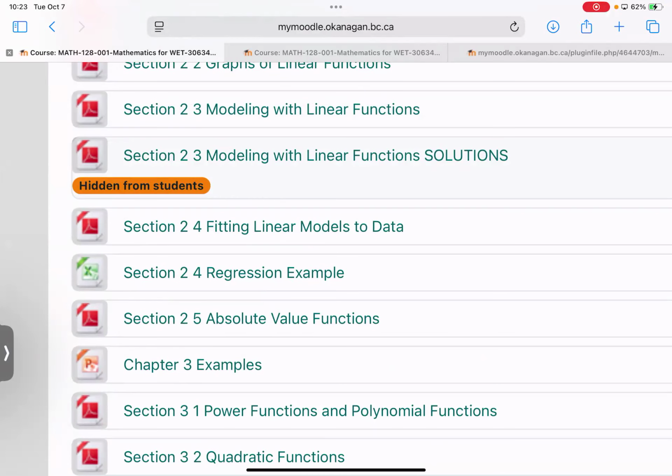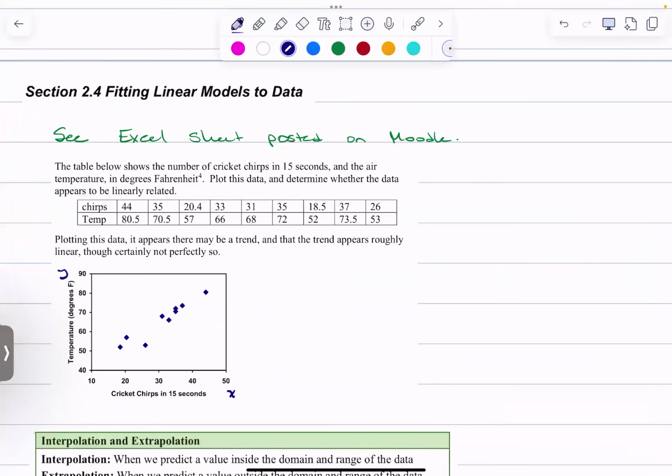Regression is just a fancy way of fitting a linear model to data. Okay. And so there's an Excel spreadsheet that I'll pull up as well. So you're welcome to open it, but you don't have to. I'll have it on mine, right, to show you. Okay. Because most of the time we use Excel to do these things, or some other software.